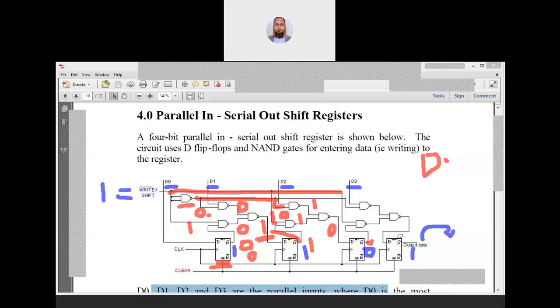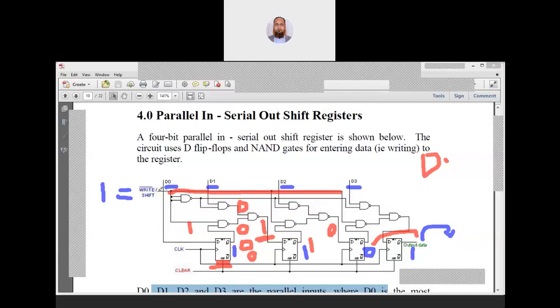So this should change. It was initially 0, 1, 1, 0, 1. So it should change to move to the next state. It should move here. Okay, let me check this logic circuit again.